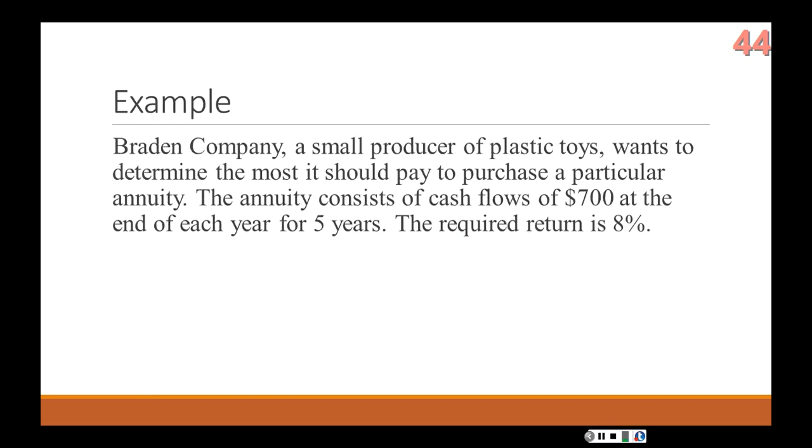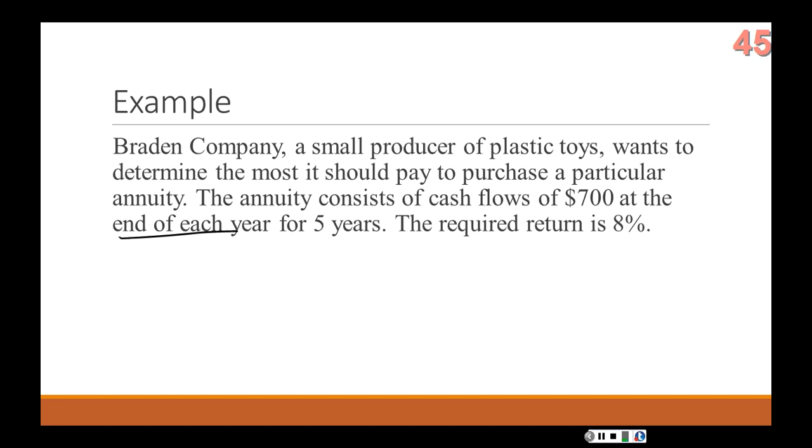And here's the example. Braden Company wants to determine the most it should pay to purchase a particular annuity. The annuity is going to return $700 at the end of each year for 5 years. The required return is 8%. So we know that this is an ordinary annuity because it says at the end of each year.